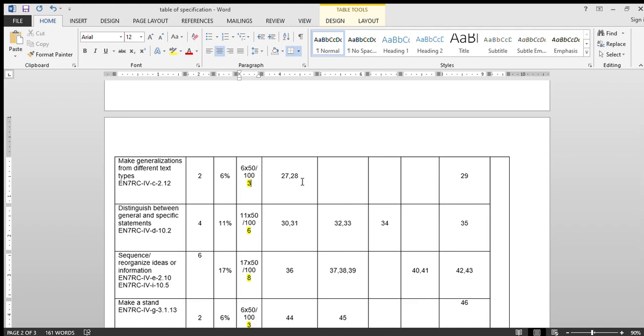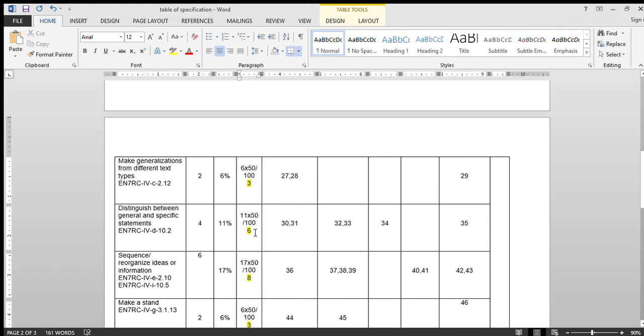If you're just going to put all the three items on remembering, then it's up to you. But in my case, I will put the numbers 27 and 28 for remembering, and then to analyze is the number 29. So we're going to count 1, 2, 3. So we have three total number of items for this competency.